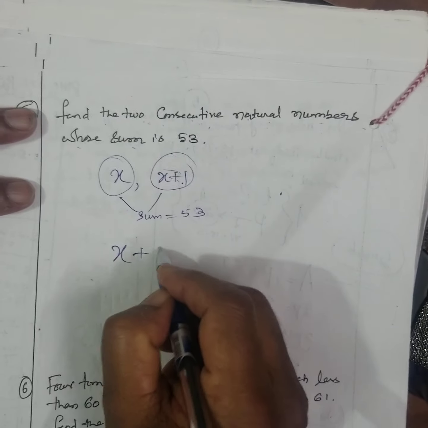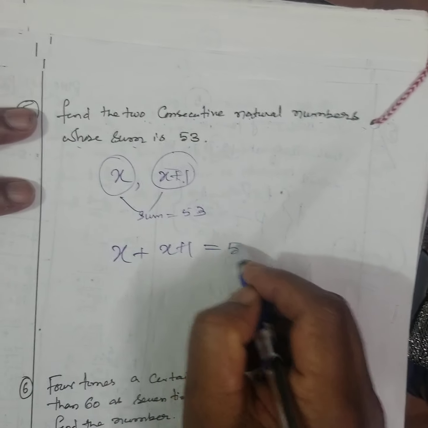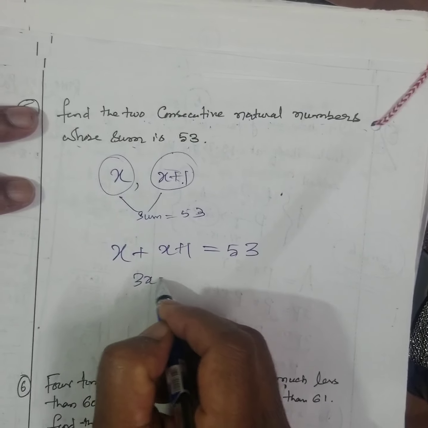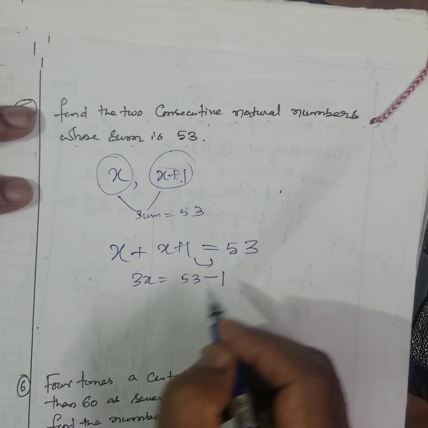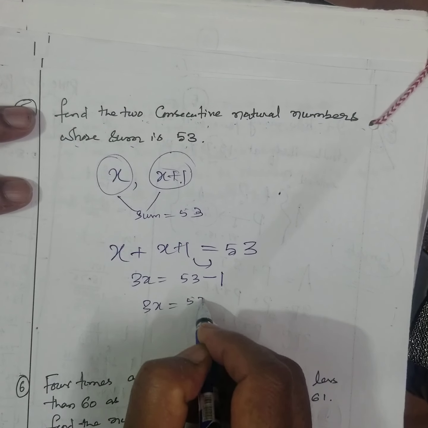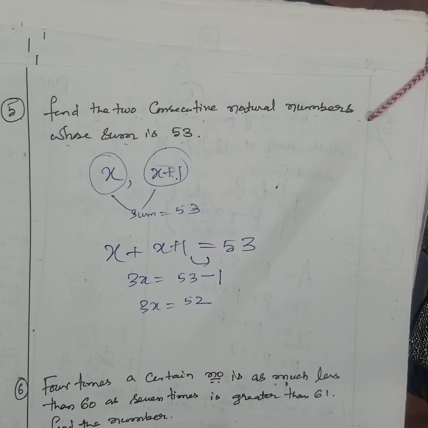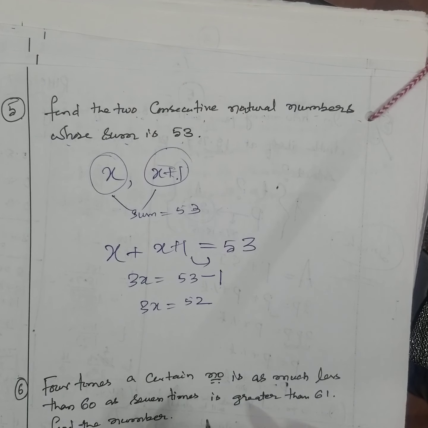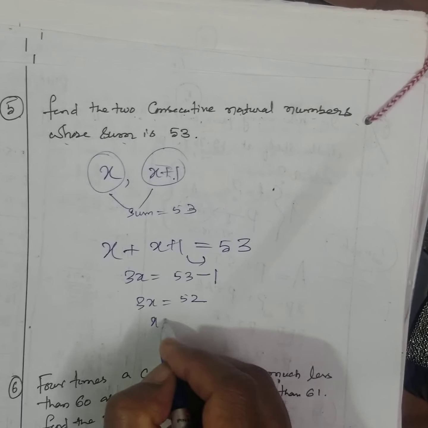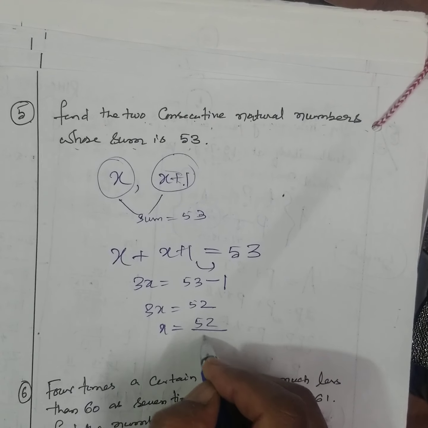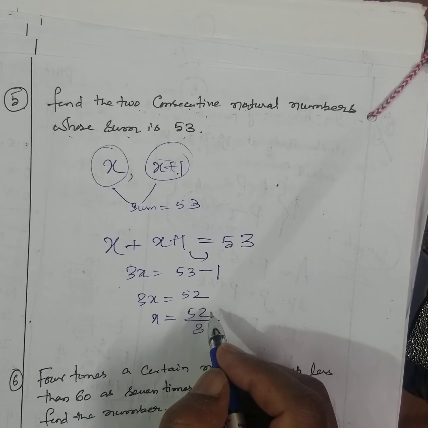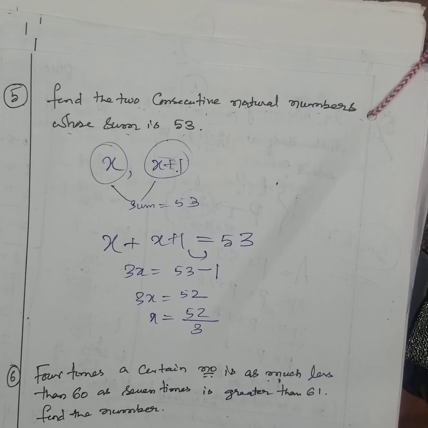Therefore, x plus x plus 1 is equal to 53. 2x is equal to 53 minus 1, 2x is equal to 52. Therefore, x is equal to 52 divided by 2.